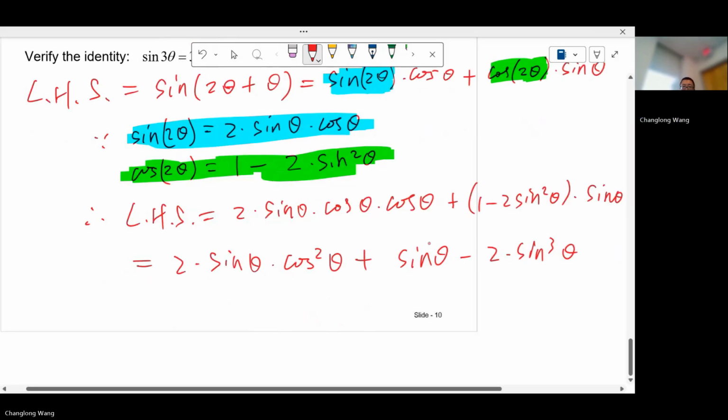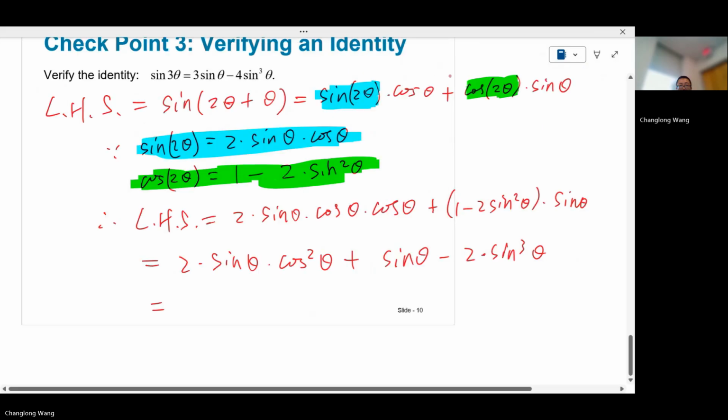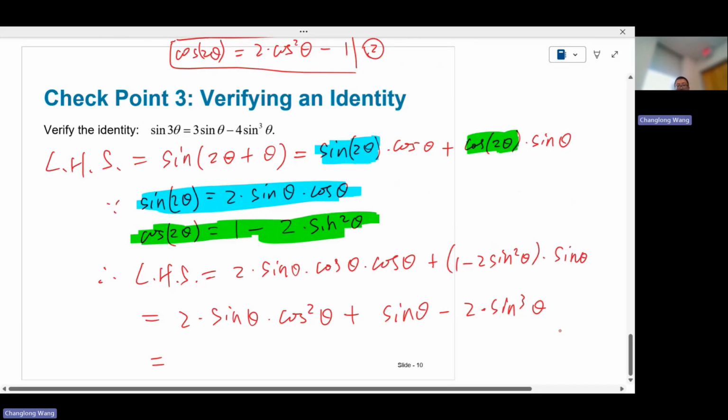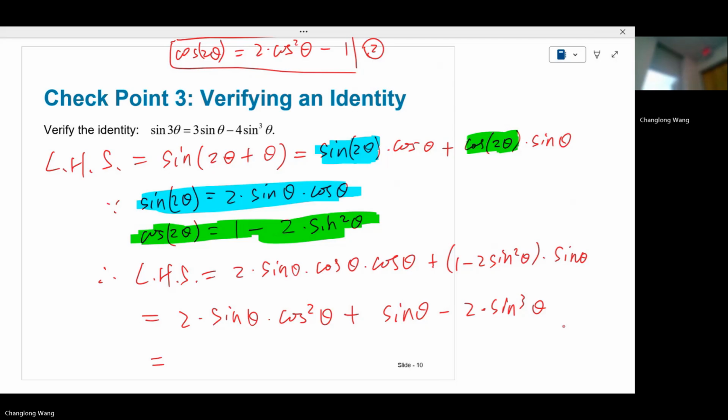Now what do we do? Please compare what we have arrived at from the left-hand side and what ultimately you want to get on the right-hand side. We have some sine cube.